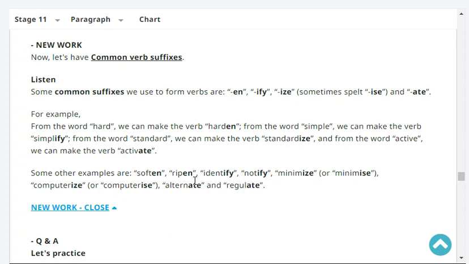For example, from the word hard, we can make the verb harden. From simple, simplify. From standard, standardize. And from active, activate. Some other examples are soften, ripen, identify, etc.